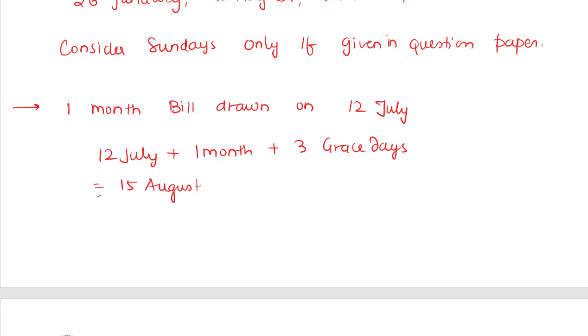But 15th August is a holiday. So one preceding business day, 14th August. But 14th August is a Sunday. So in that case the answer would be 13th August. But that 14th August is a Sunday should be given in the question. You can't assume it. I believe you understood. Let us continue.